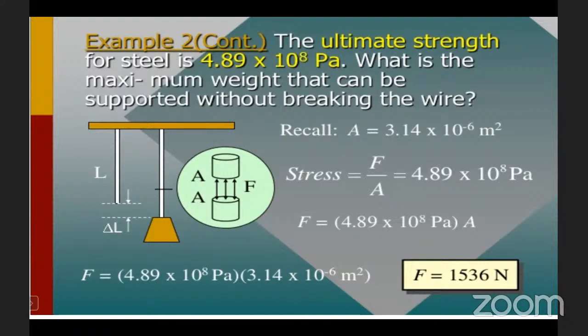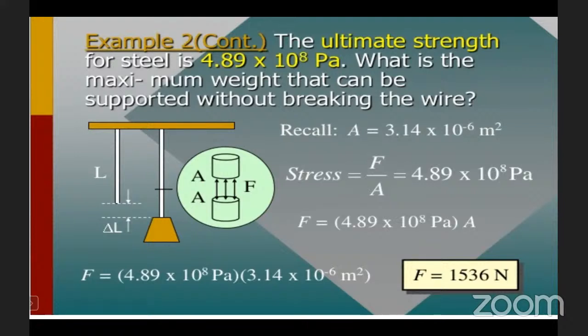Now, first of all, assuming the values: ultimate strength 4.89 × 10^8. This is called the stress. F by A equals 4.89 × 10^8 Pascals. Now the area. What is the area? Area A equals 3.14 × 10^-6. In the previous problem we solved the area.